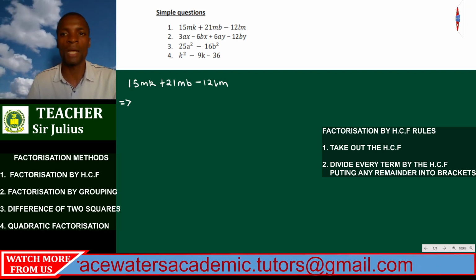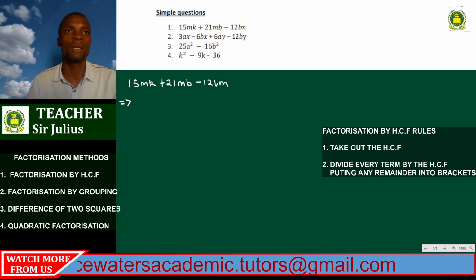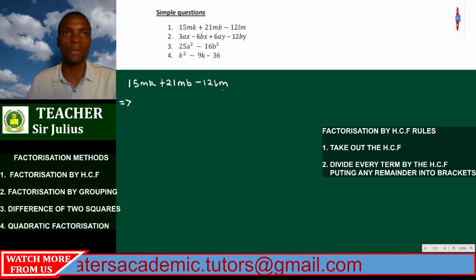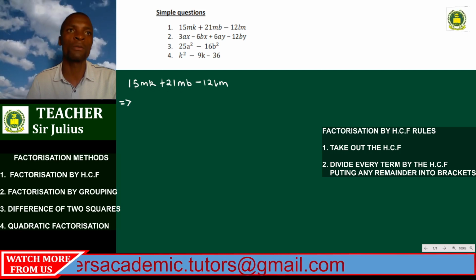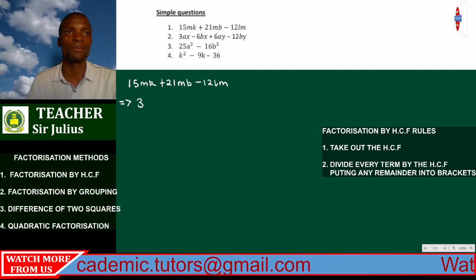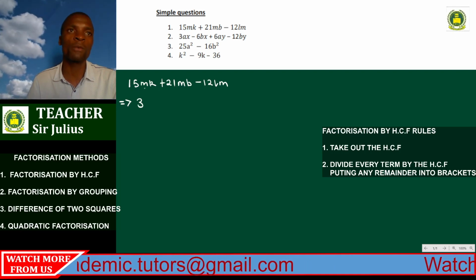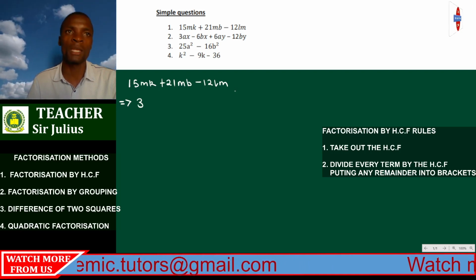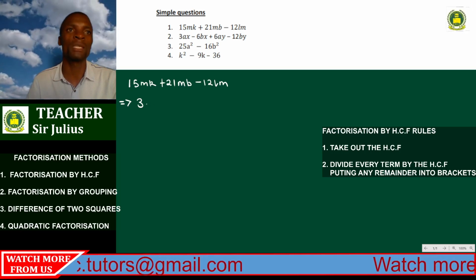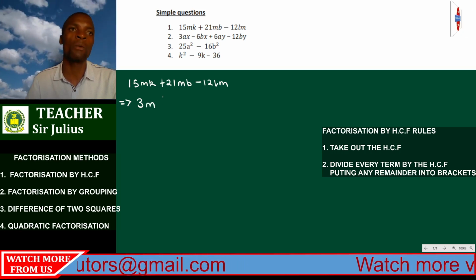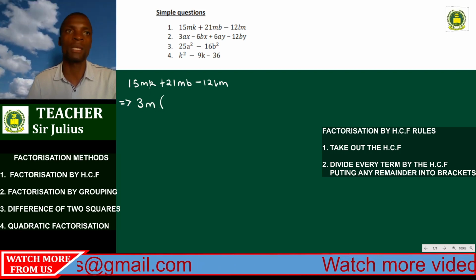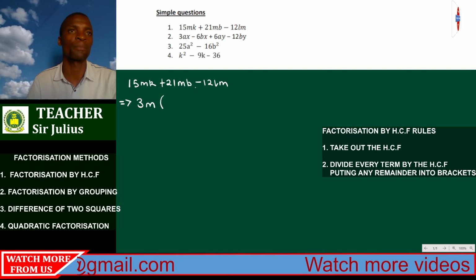So meaning to say, applying rule number 1 to this question, we would find out that the HCF of 15, 21, and 12 is 3. The HCF of MK, MB, and LM is M. And then now we open a bracket. We are done with taking out the HCF of the whole function.